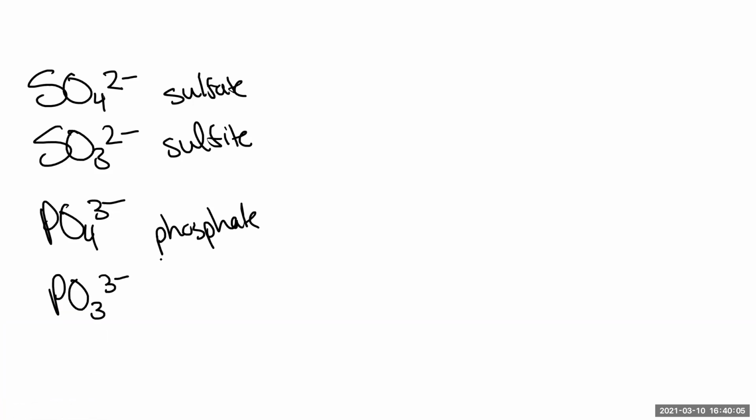PO3 3 minus is going to be phosphite. There are others. These are the ones in general that you're going to want to know when it comes to the oxyanions. A couple of others, carbonate, CO3 2 minus. This is carbonate. We'll keep it at that for the ones that I'm going to emphasize, but I recommend you look at the list that will be accompanied with this module. We're going to stop here.